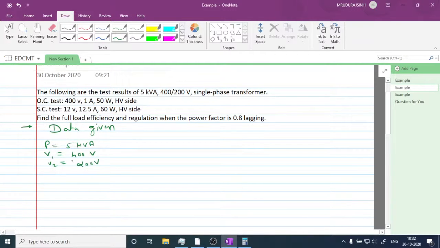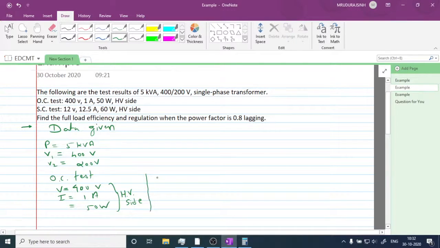The data from OC test. So voltage from OC test that we are getting is 400 volt, right? The current is 1 ampere and power is 50 watt. This is from HV side, right?